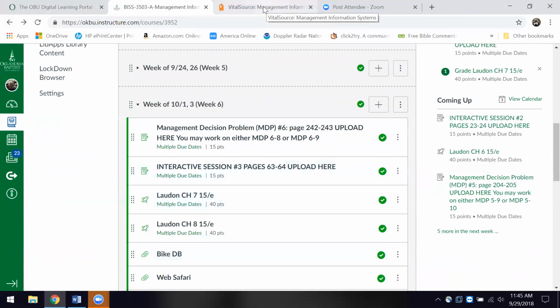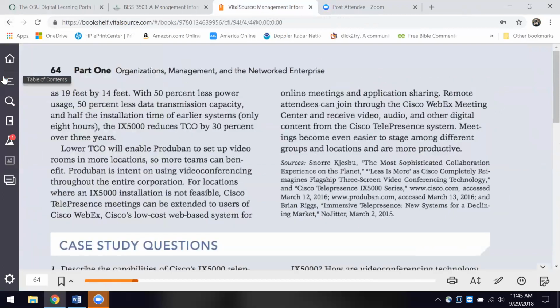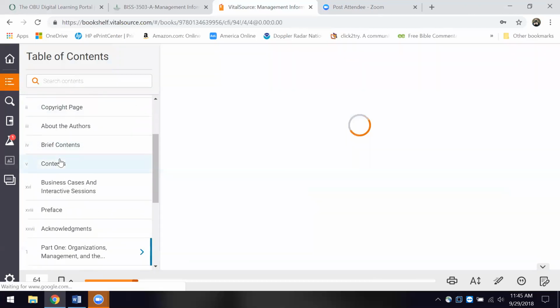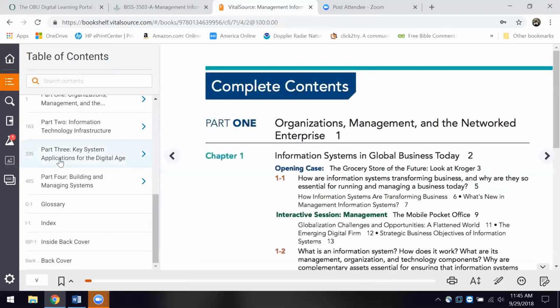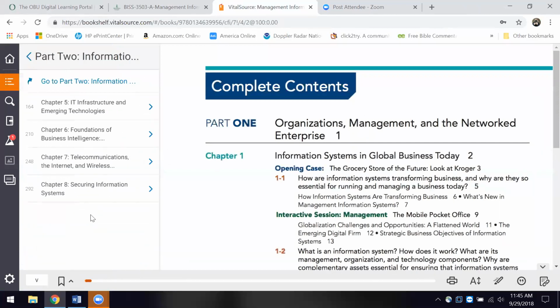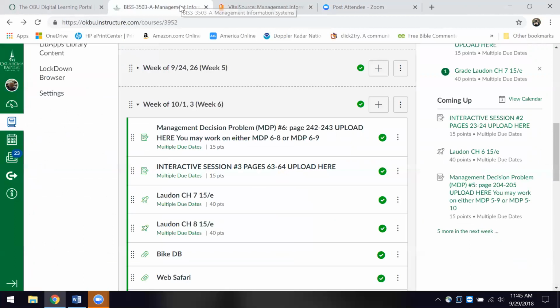Back to 242, 243. Okay, so I'll go back to the chapters. I'm going to find chapter 6, pages 242 to 243.